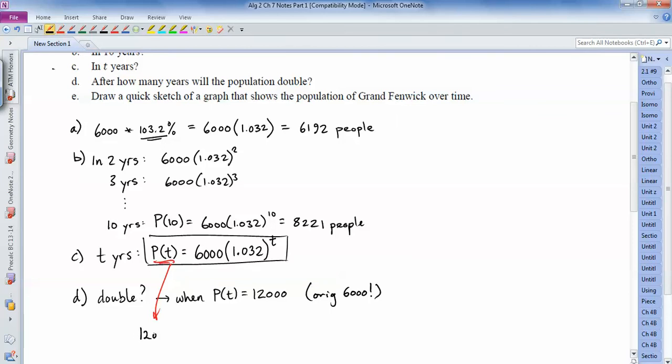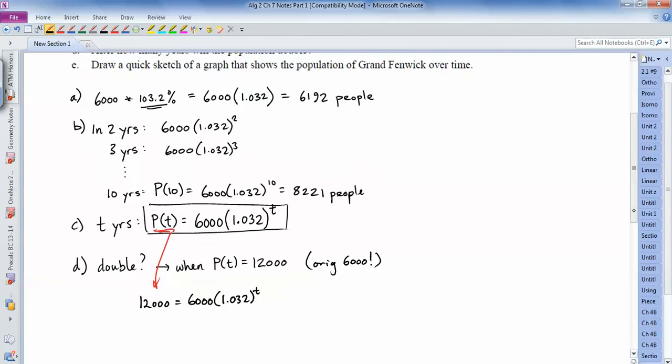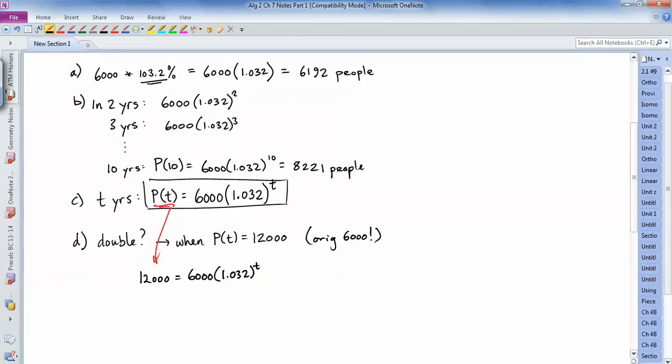So 12,000 equals 6,000 times 1.032 to the t. Now to solve this, we want to isolate the term that has the t in it. So I'm going to divide everything by 6,000 to get the 1.032 to the t. And over on this side, the 6,000s cancel, and on this side, I get 2. So it's 1.032 to the t.